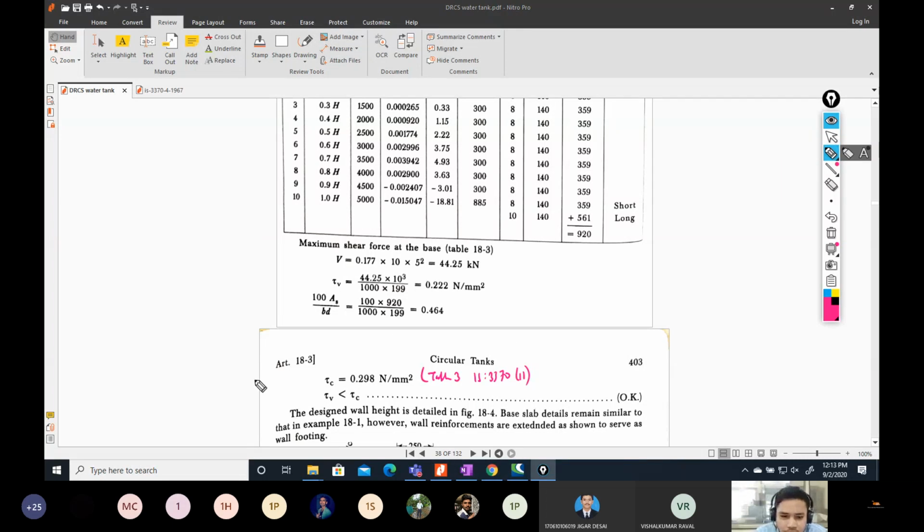So this is the permissible shear stress from table 3 of IS 3370 part 2, and this was the actual shear stress. The value of tau v, which is the actual shear stress, is less than tau c here. Okay, so that means our section is safe in shear.